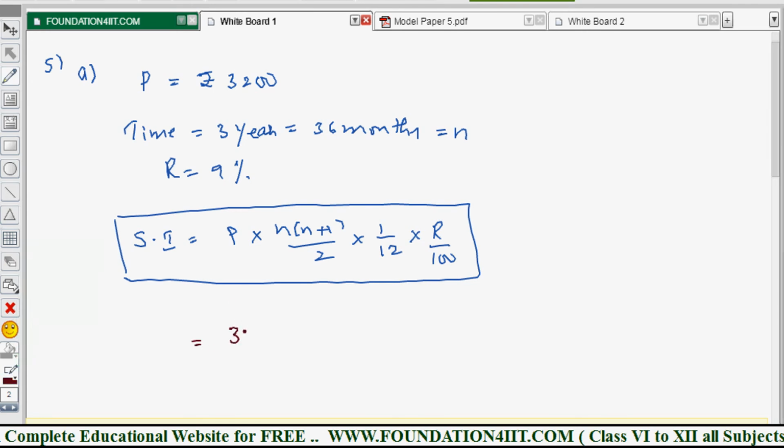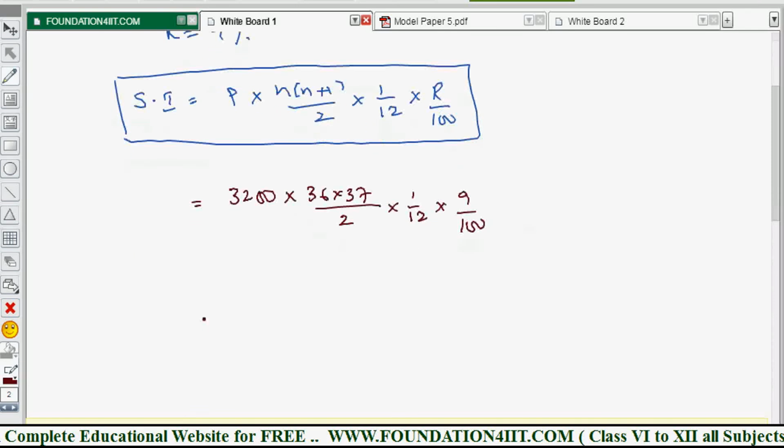So P is 3,200 into N into N plus 1, so 36 into 37 divided by 2 into 1 by 12. Our rate of interest is 9 by 100. In this formula, substitute all this, just to simplify, that is the simple interest.